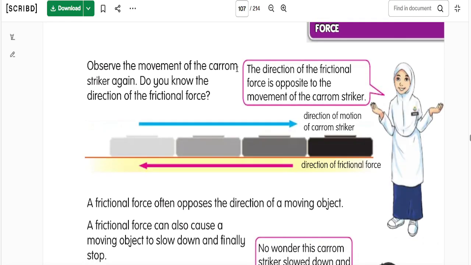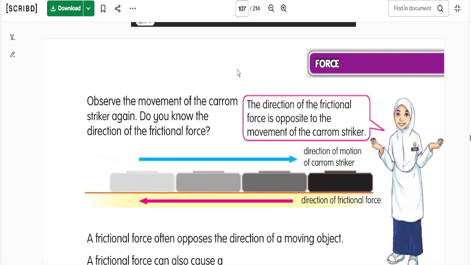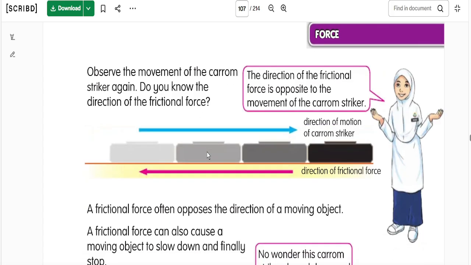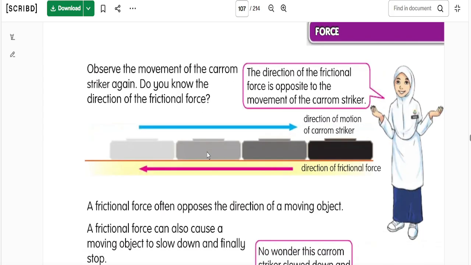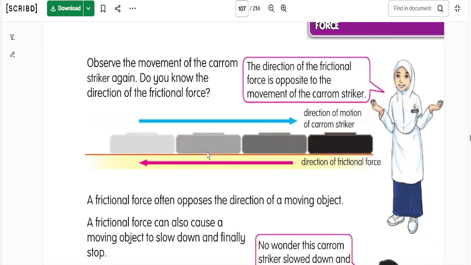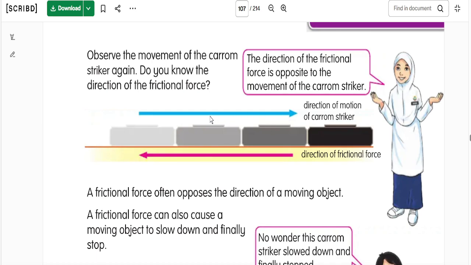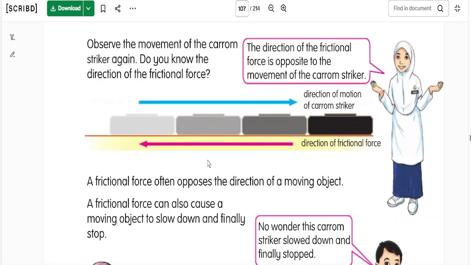Its direction is always opposite to the movement, so it opposes the movement of the object. If this blue arrow shows the direction of motion of the carom striker, this pink arrow shows the frictional force direction.